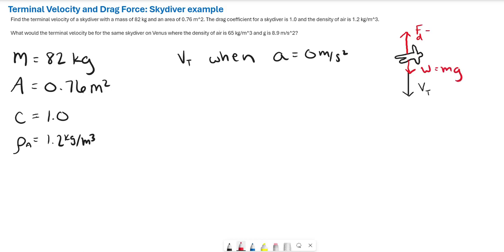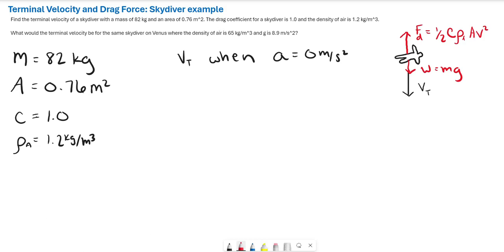And the drag force is equal to 1/2 times the drag coefficient times the density of the fluid that the object is in, which in this case is just air, times the area, times the velocity that the object is moving squared. Now this is the terminal velocity when the weight is equal to the drag force, and we'll look at that in just a second.